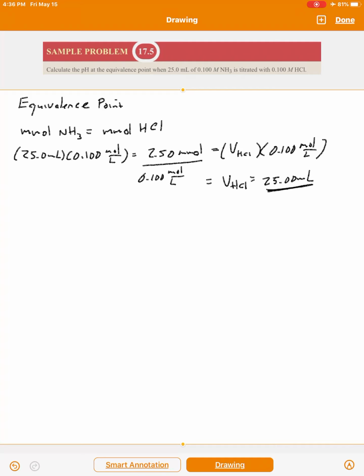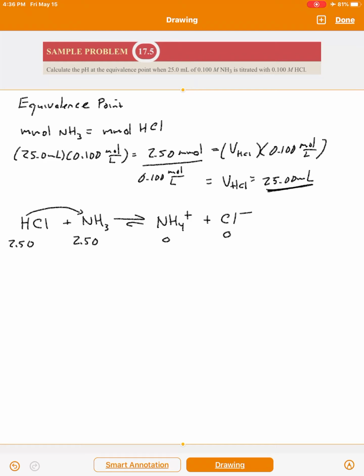So what we're going to say is, this is a reaction of HCl, strong acid, with ammonia, weak base. The H plus goes in this direction, so you get ammonium, NH4 plus, and chloride, Cl minus. The number of millimoles that are reacting are 2.50 for each of these.